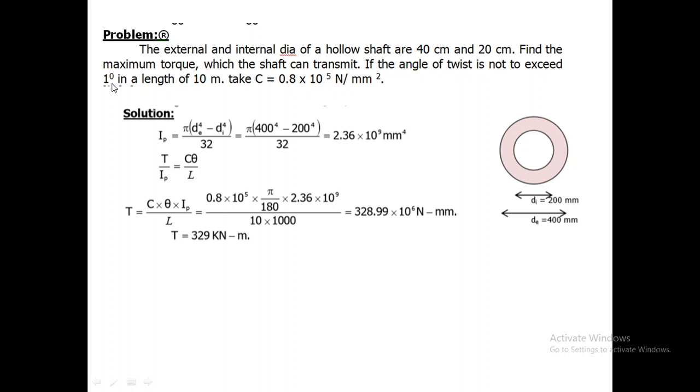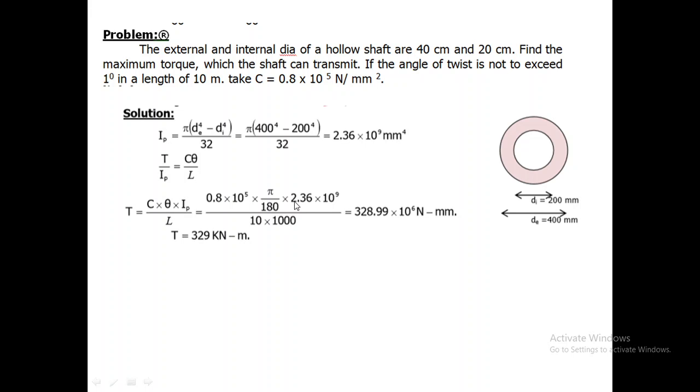It is given in degrees here, so you have to convert the angle of twist into radians. The polar moment of inertia we calculated is substituted here. Length is 10 meters, and since we have taken the other values in millimeters, you have to keep length also in millimeters. So 10 meters is 10 into 1000 millimeters.